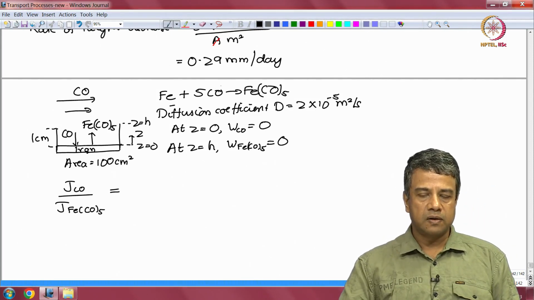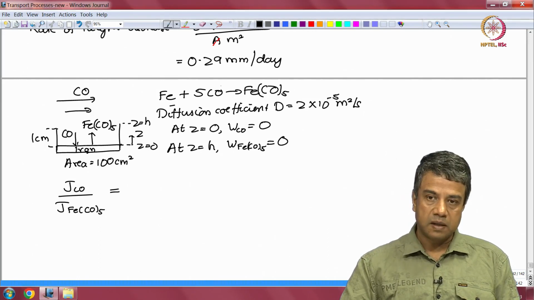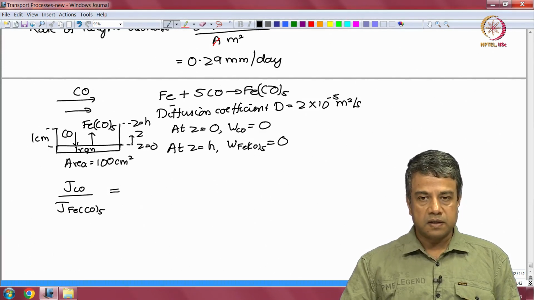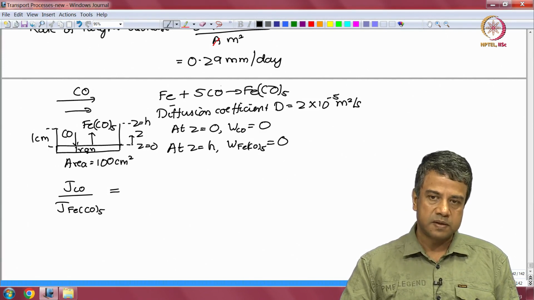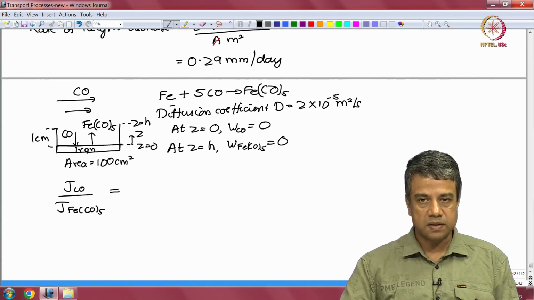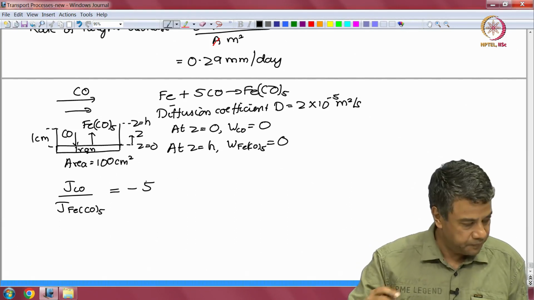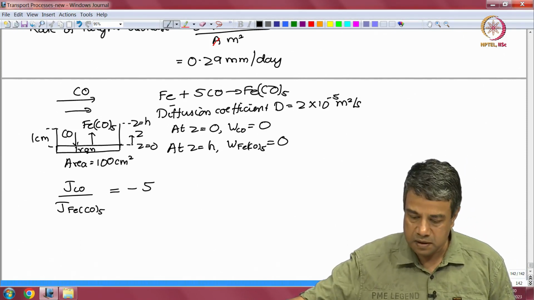For every 5 molecules of carbon monoxide that come down at steady state, 1 molecule of iron pentacarbonyl goes up. Flux of carbon monoxide is downwards, flux of iron pentacarbonyl is upwards, opposite directions, and the ratio of molecules is 5:1. So, this ratio is equal to -5. This is the constraint between the two fluxes.